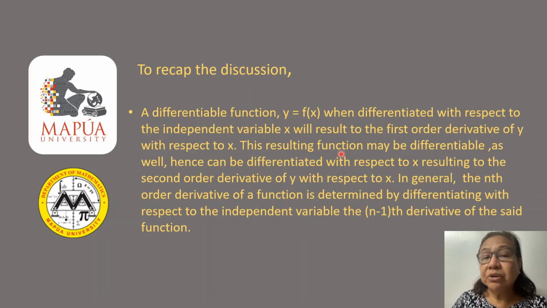Now this resulting function may be differentiable as well, hence can be differentiated again with respect to x, resulting to the second order derivative of y with respect to x. In general, the nth order derivative of a function is determined by differentiating with respect to the independent variable x the n minus 1 derivative of the said function.